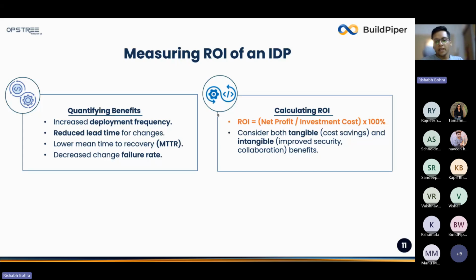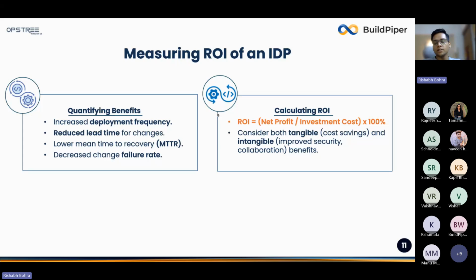Many of you might have already understood that these 4 pointers essentially map to the DORA metrics, which is a standard of measuring the maturity of engineering teams, where you measure metrics like deployment frequency, lead time to change, mean time to recovery, and the change failure rate. So these are the quantifying benefits, and these metrics should be tracked as well. And it also gives you a complete picture in terms of the return on investment of an IDP.